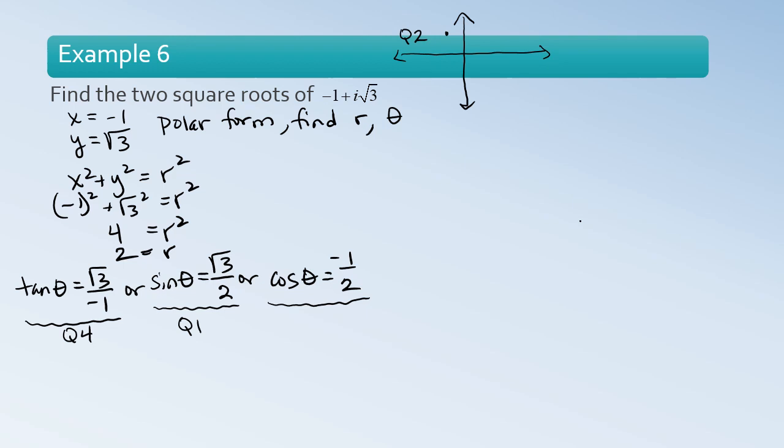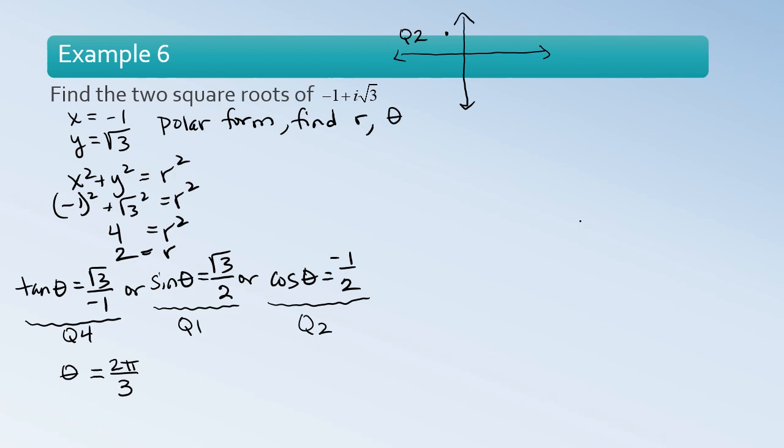So what I'm seeing here is that theta, this is going to put me in quadrant 2, theta is the angle that produces a cosine of -1/2, and that angle is 2 pi over 3. In order to find the 2 square roots, we need another way of writing 2 pi over 3. If you're being asked to find 3 cubed roots, you would need 3 ways to write that angle. I'm being asked to find 2 square roots.